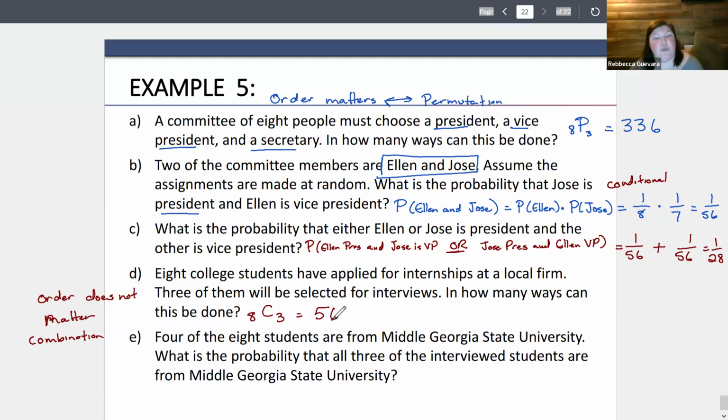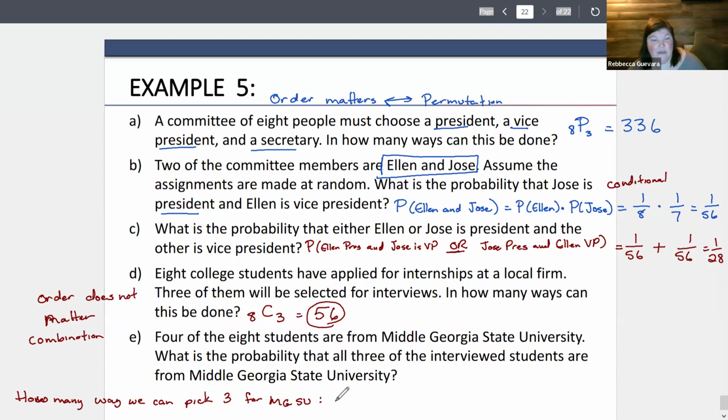So the next question, 4 of the students are from Middle Georgia State University. What's the probability all 3 interviewed are from Middle Georgia State University? So these are 56 different ways that I can select the interviewees. Then we need how many ways we can pick 3 from Middle Georgia State University.